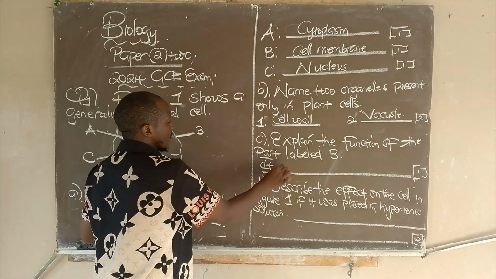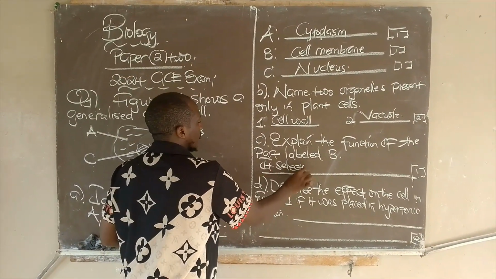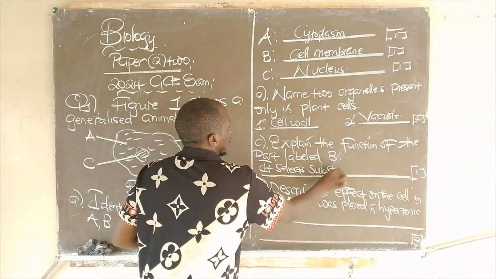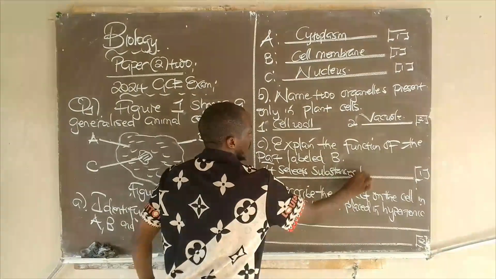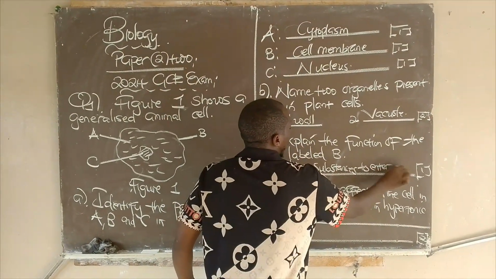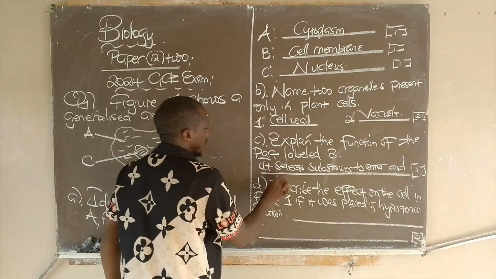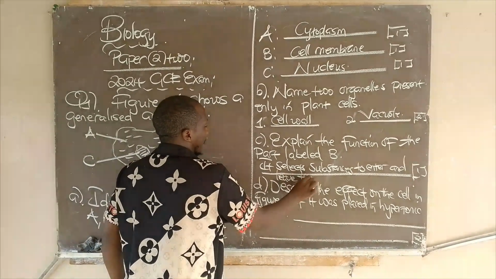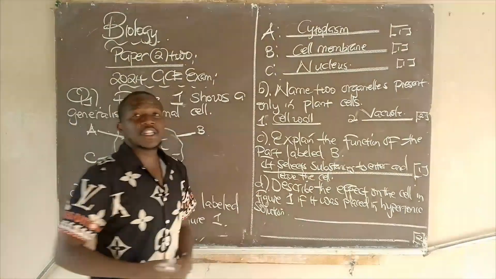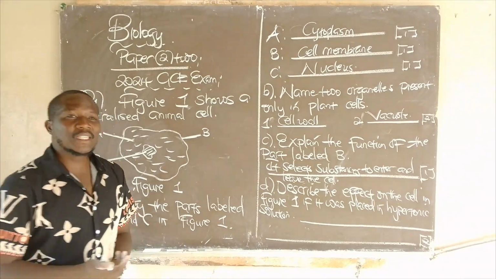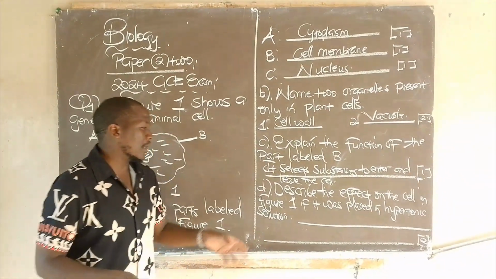So here we're going to say it selects substances to enter and leave the cell. Remember, this is section A. We don't have to go that detailed as if we're answering section B.